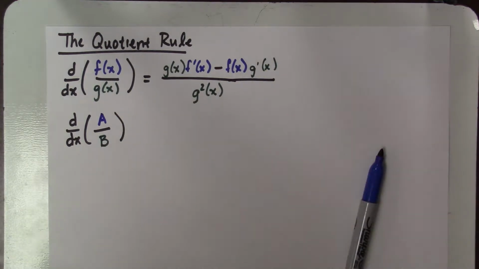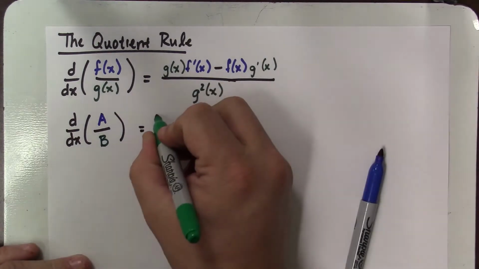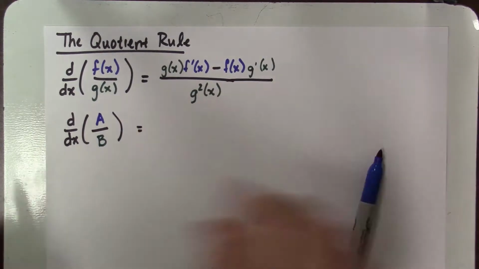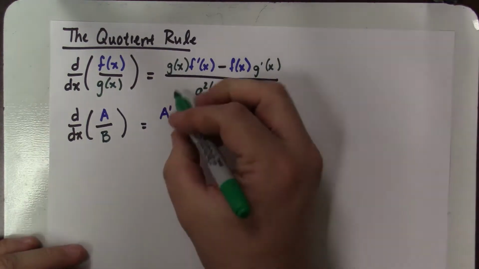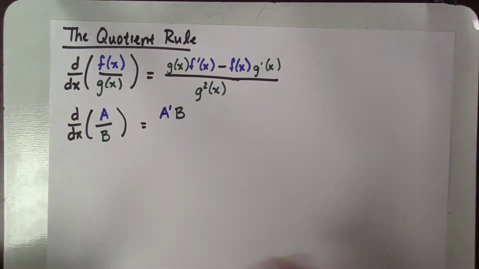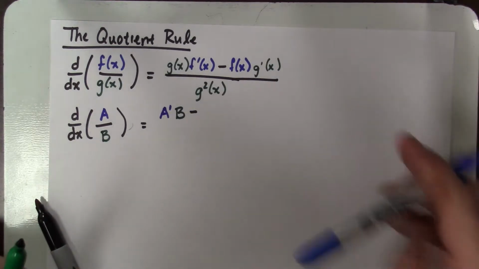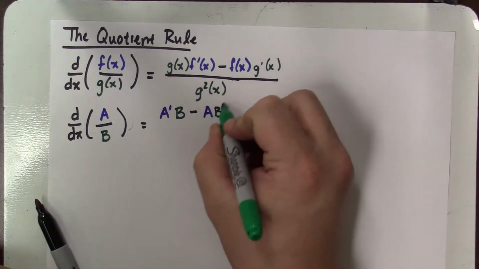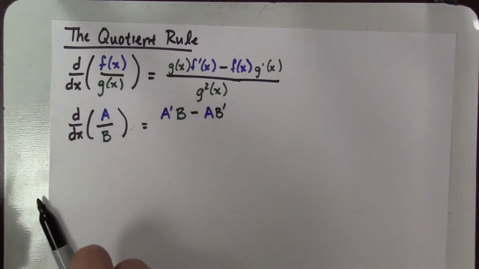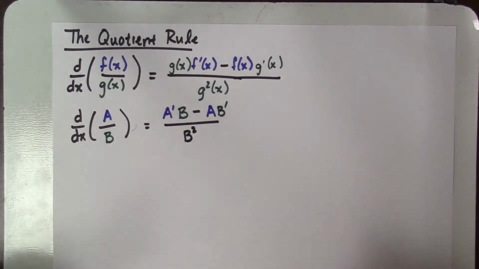Just like with the product rule, that is the derivative of the top, the derivative of the first thing times the bottom thing, minus the thing on top times the derivative of the thing on the bottom. And the difference here now is I'm going to divide by the bottom thing squared.